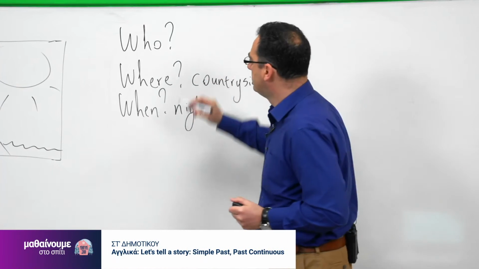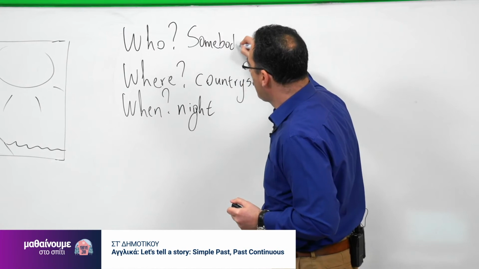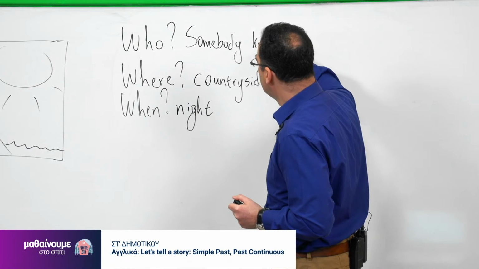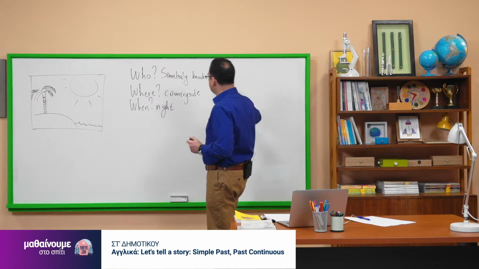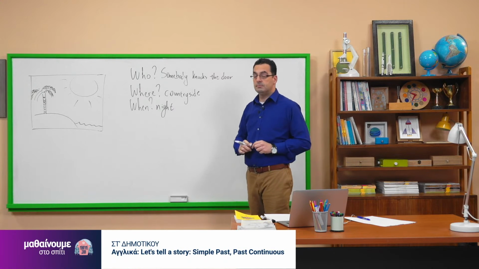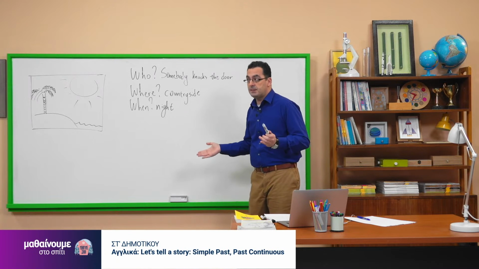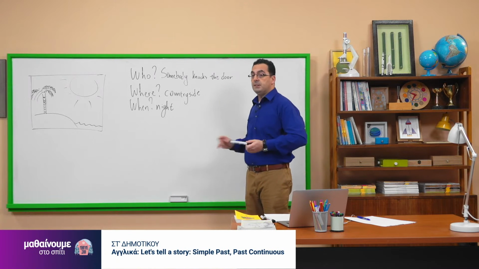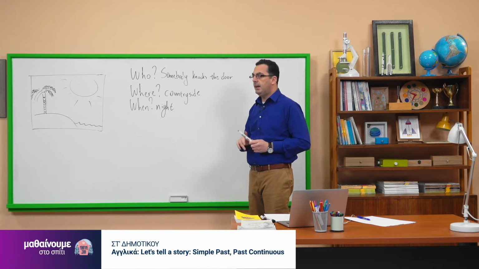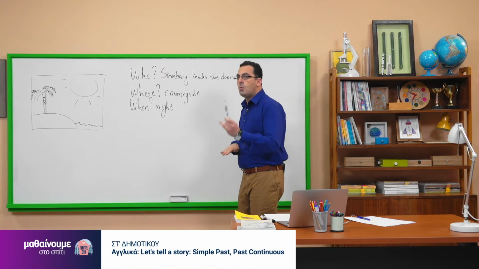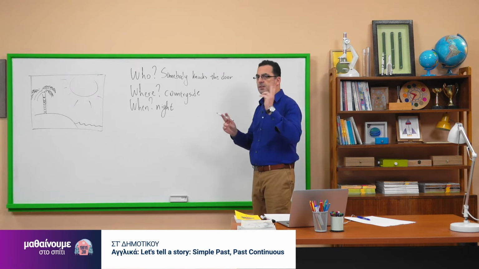Somebody knocks the door. Very good. And you will decide if it's summer or winter night. So somebody knocks the door, and we know that somebody walks there to open the door. So there are two people.